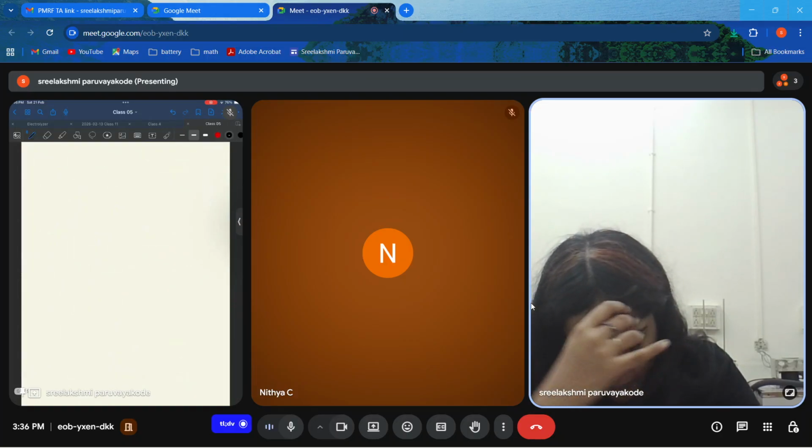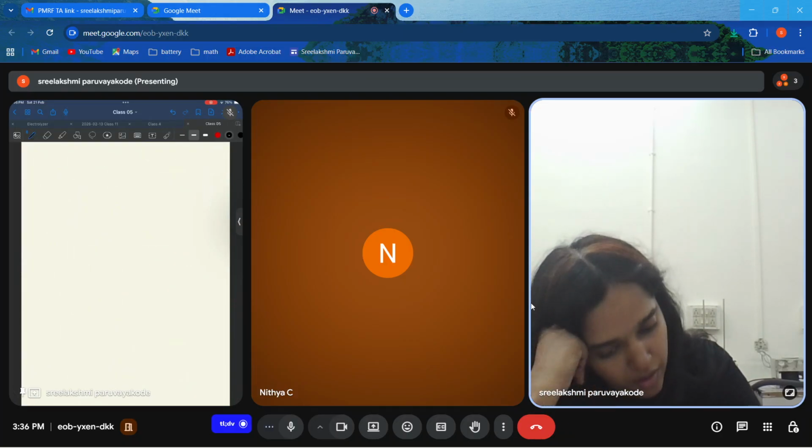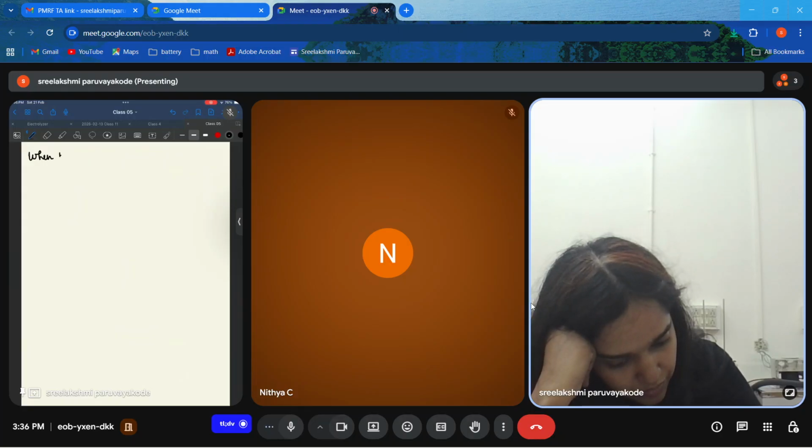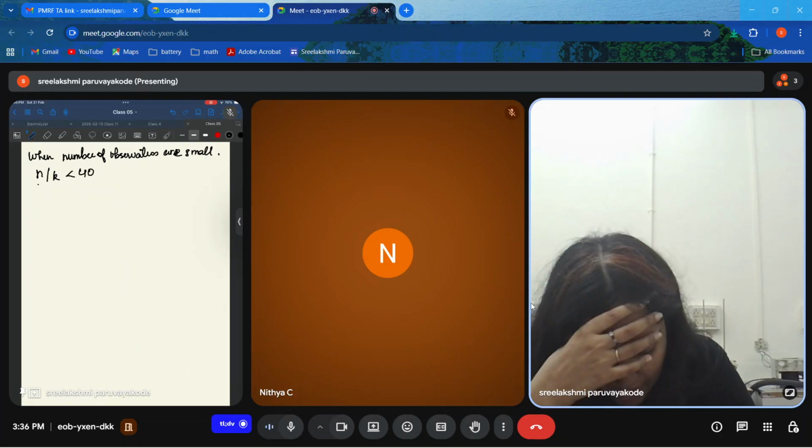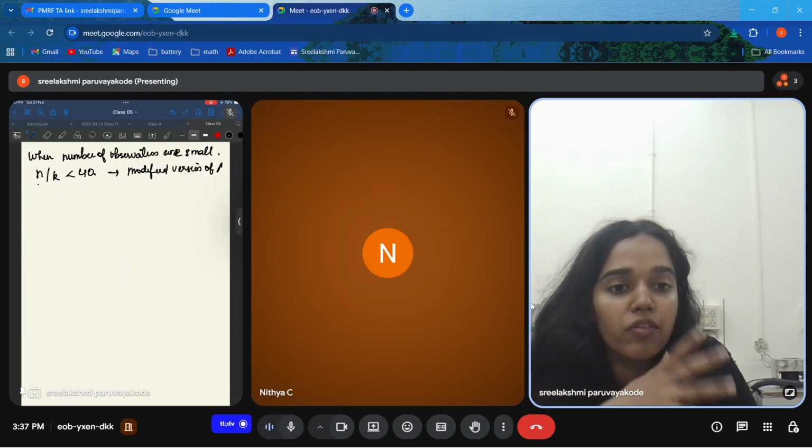Now there is another called modified AIC. When your observations are small, like N by K, which is the total number of observations by the total number of independently adjusted parameters, is less than 40, then we use a modified version of AIC.